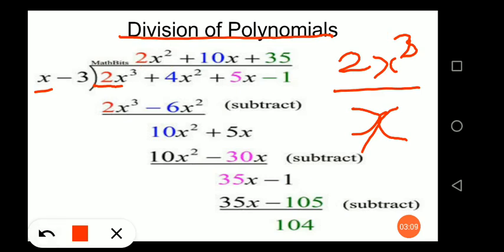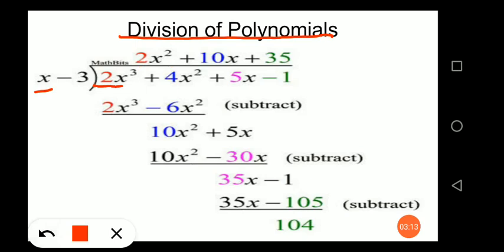After writing the quotient there, we will multiply the whole divisor, that is the whole x minus 3, with 2x square. So let's multiply and see what the answer will be. x multiplied by 2x square is 2x cube and minus 3 multiplied by 2x square is minus 6x square.